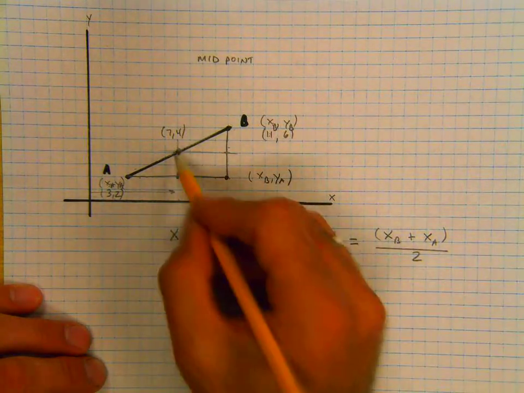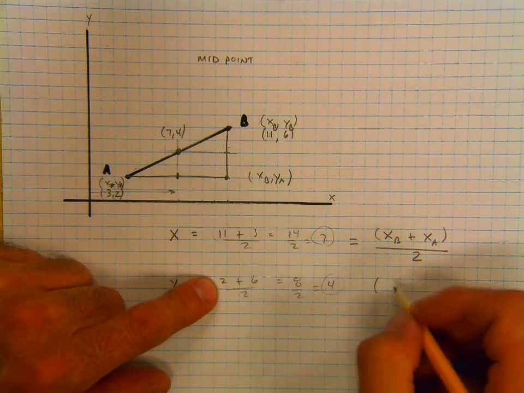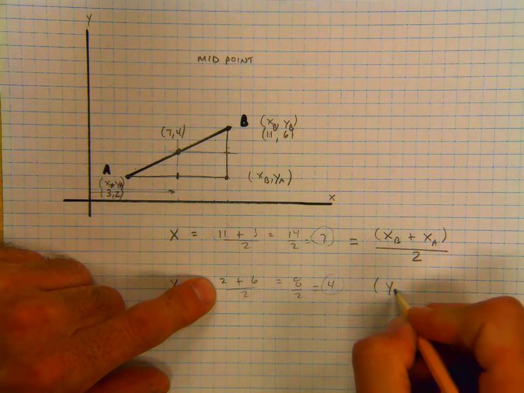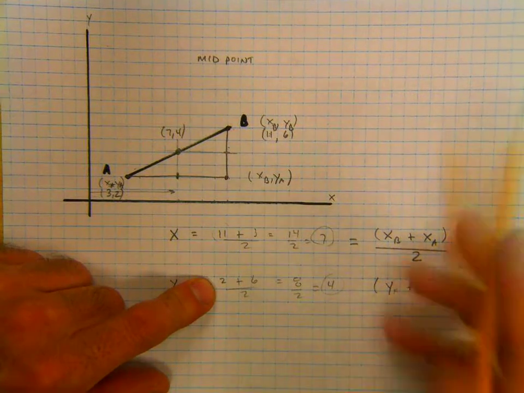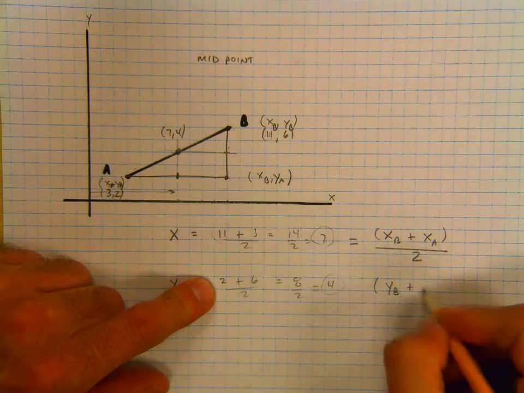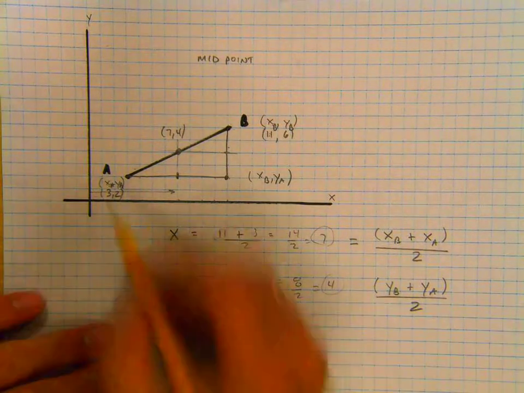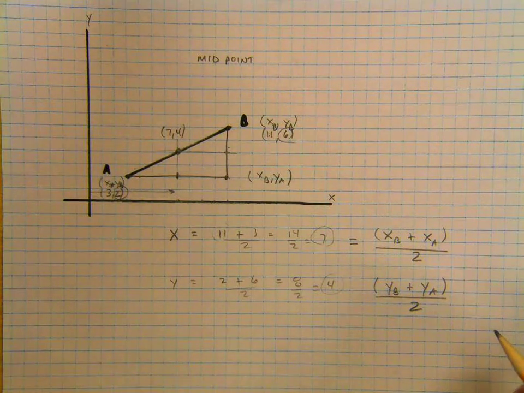And this y value, this 2, is the y value of A, and then we divide by 2. It's basically those two numbers right there, the 2 and the 6. So, all right, that's how we're going to do it.